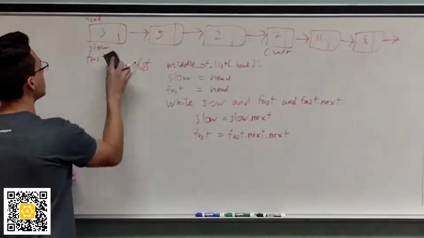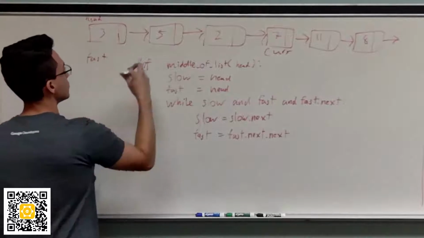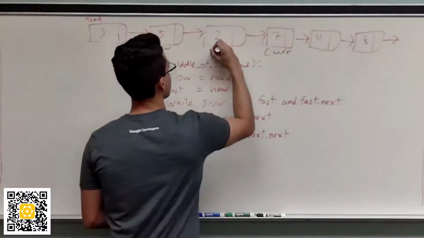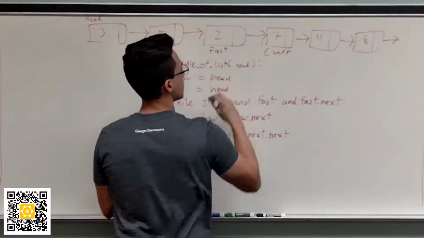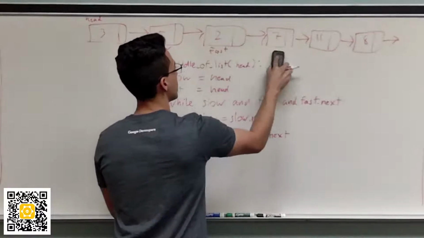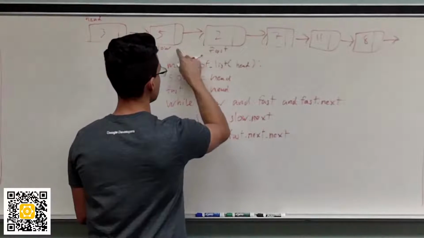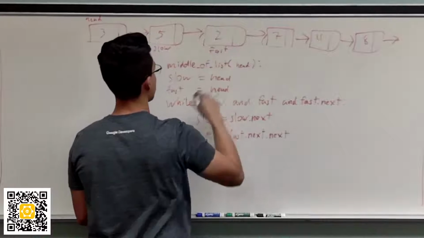So I move slow here, and then fast. There is no curve. Get rid of curve. And so slow is still a thing, fast is a thing.